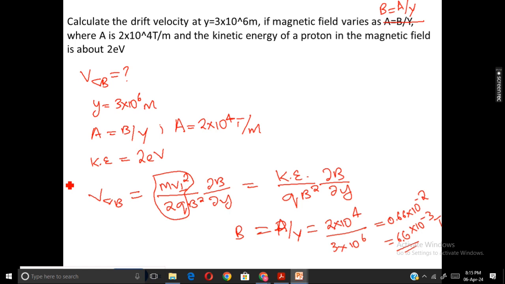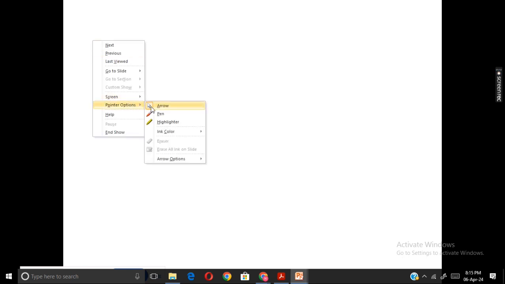Now we want to find, I'll write it here. So B is equal to A by Y. We found it to be 6.66 into 10 raised to minus 3 Tesla.